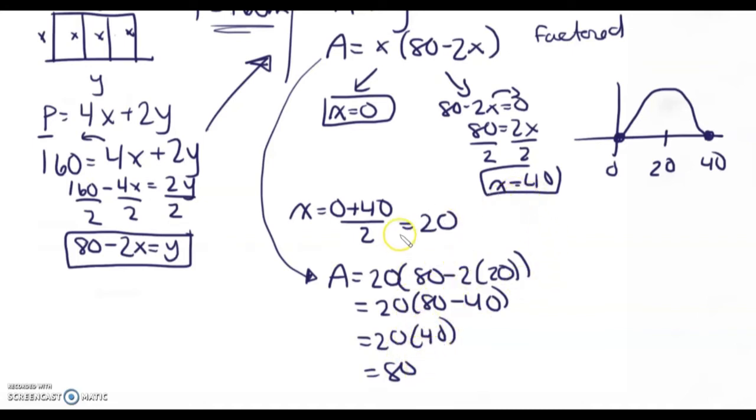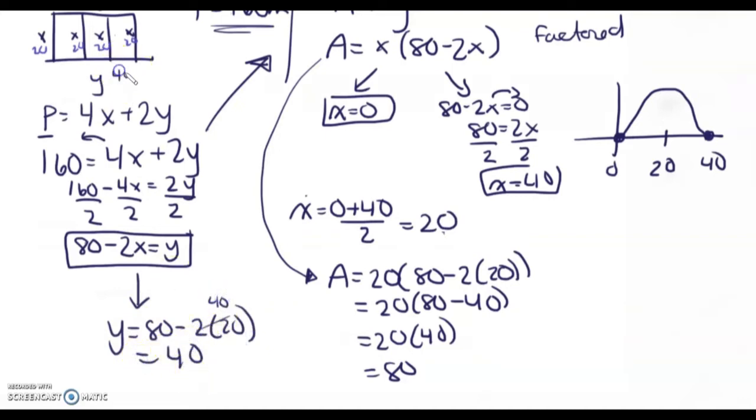Okay, so the x value is 20, which is the width, right? So this width over here is going to go 20, 20, 20, and 20. And then if we want to solve for the y, well, we have an equation for the y. Y equals 80 minus 2 times 20, which is 40.